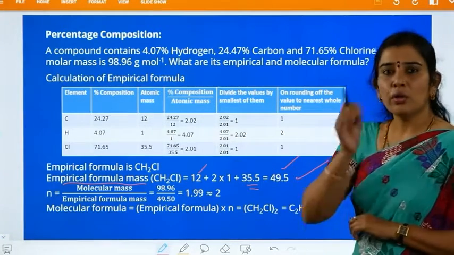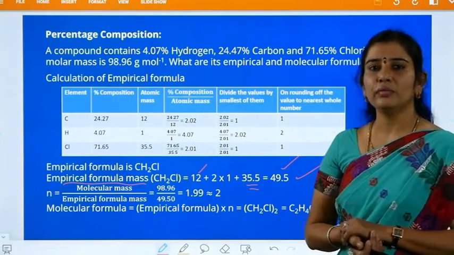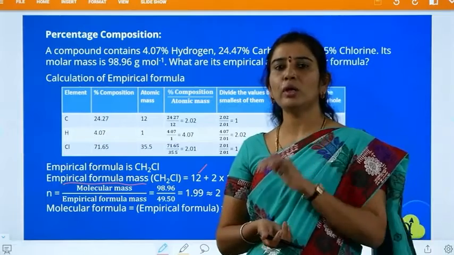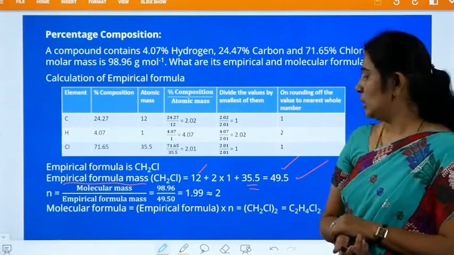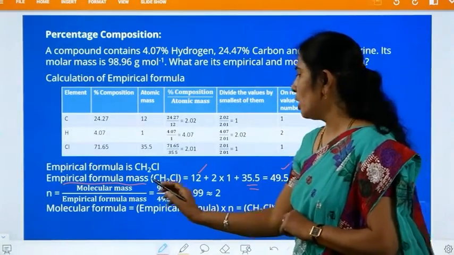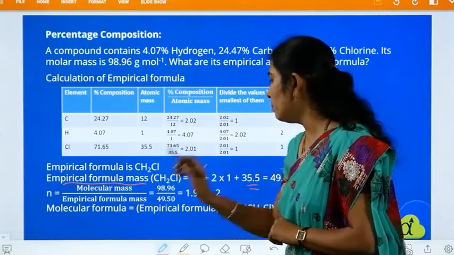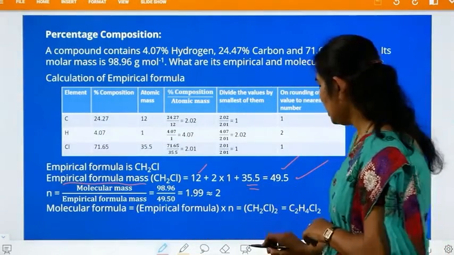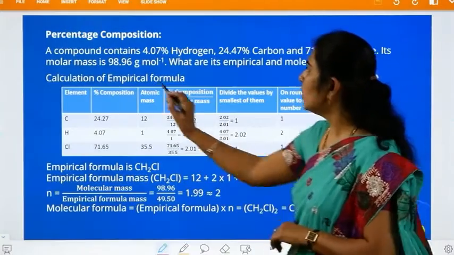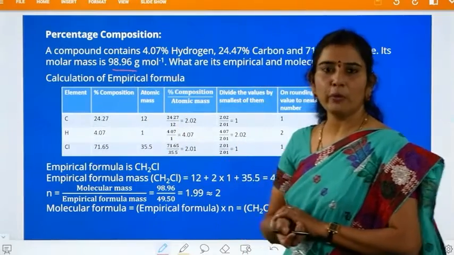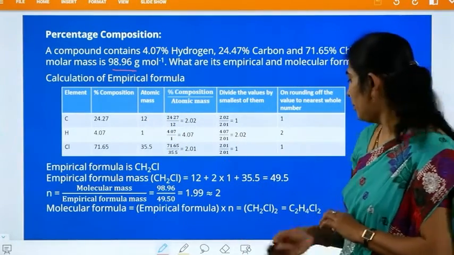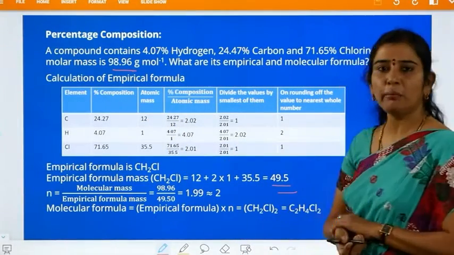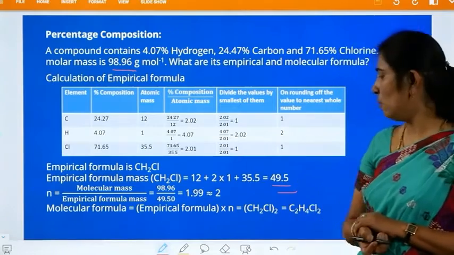Now, you have to calculate the n value because you want to write the molecular formula. So, what is that n value? Molecular mass divided by empirical formula mass. See, here it is given. Molecular mass is 98.96, divided by the empirical formula mass 49.5.